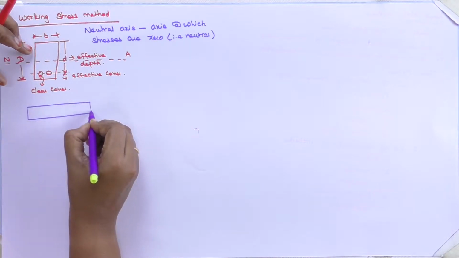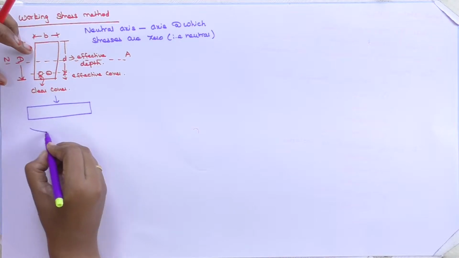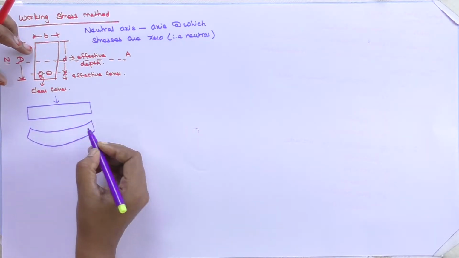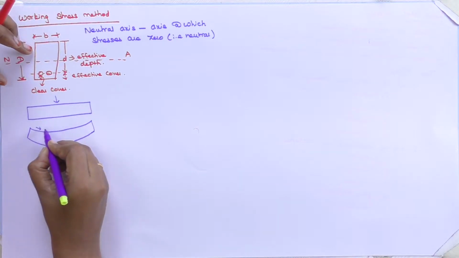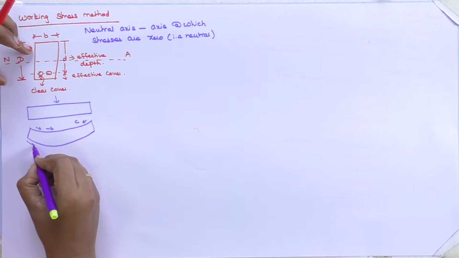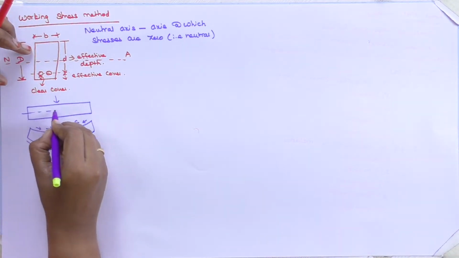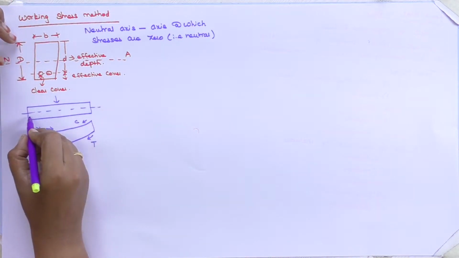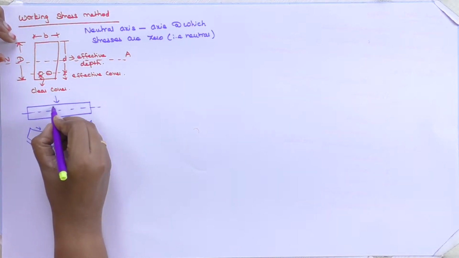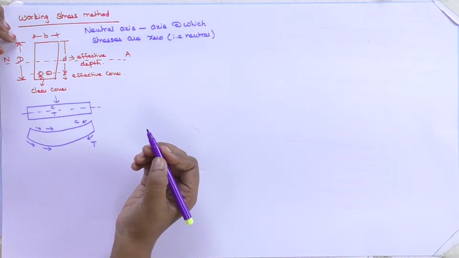I am drawing a beam. When it is subjected to loading, it will induce deflection in this fashion, so that the top fiber will be subjected to compression, whereas the bottom fiber will be subjected to tension. So, when I draw the neutral axis, this is the axis at which the stresses are 0. Above part, this is compression, below part, this is called as tension.